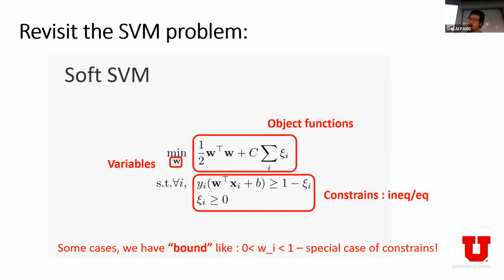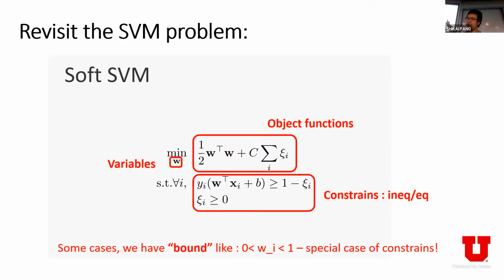But at the same time, we have some constraints on these variables, on this W. It could be equations or inequalities. Right here, of course, it is an inequality: W applied on Y and X should be bigger than something. Again, you don't have to know what exactly it means, but keep the big picture in mind.